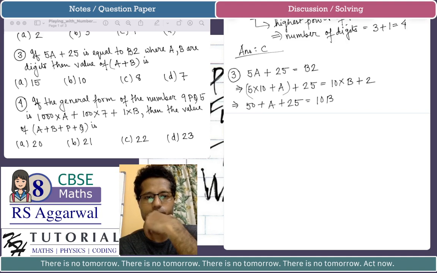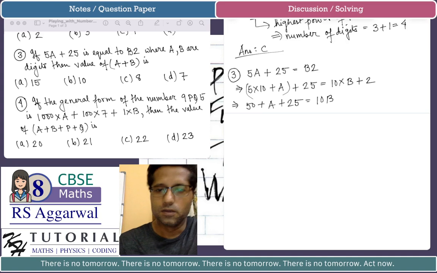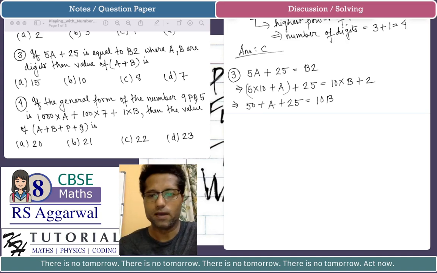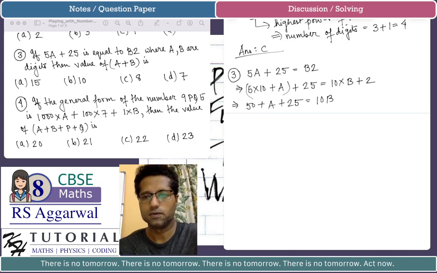Then A and B are digits, find the value of A plus B. Okay, so we have 50 plus A plus 25 equals 10B.